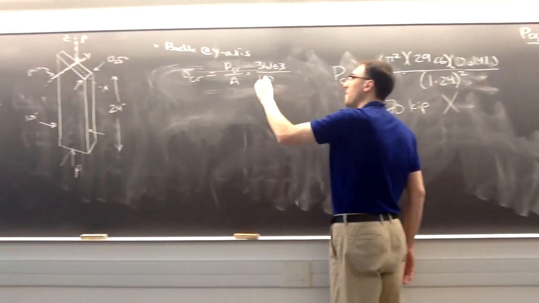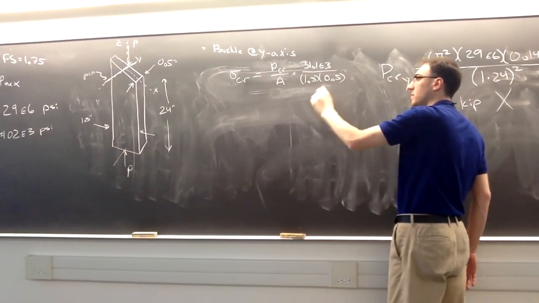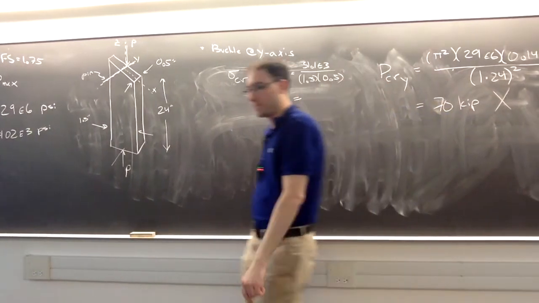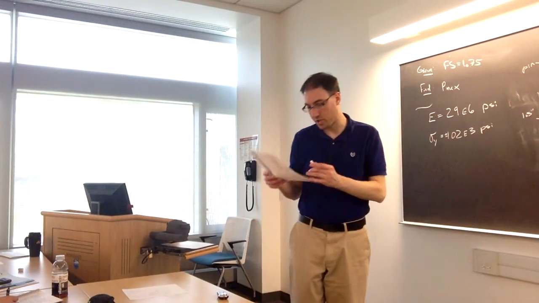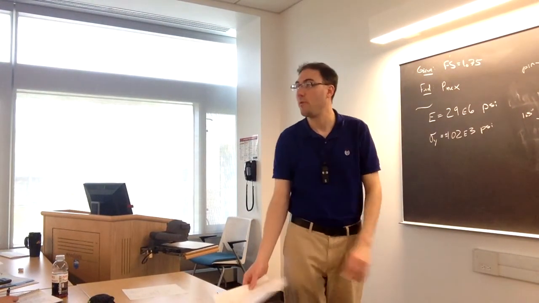Cross-sectional area, 1.5 inches times 0.5 inches. And we can see that the critical stress is 41.5 KSI.